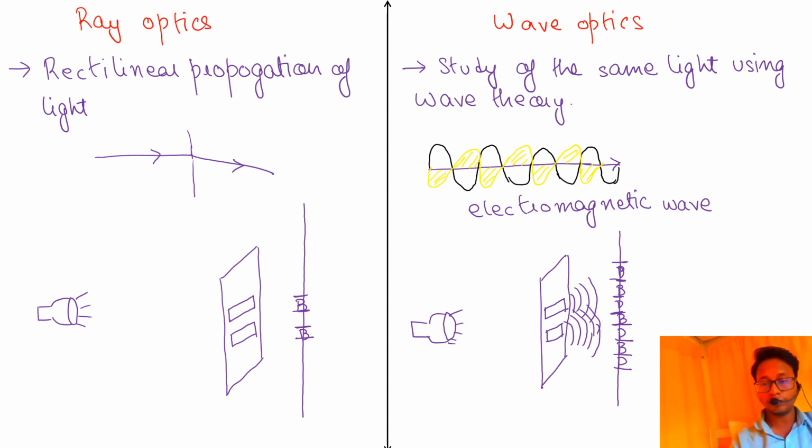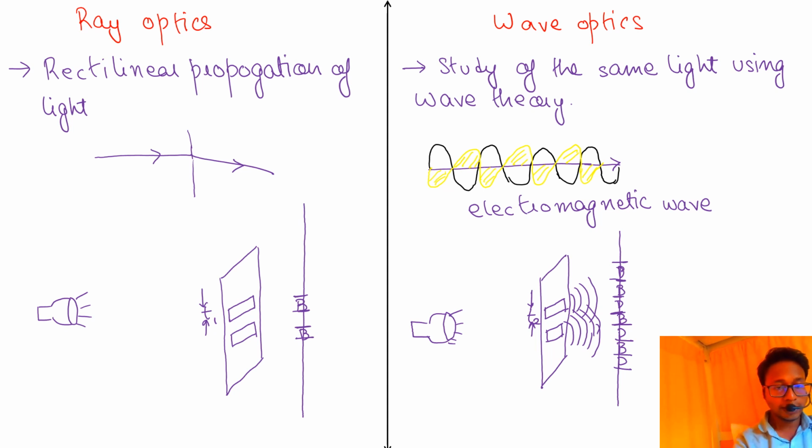Which one of these observations is correct? Actually both of these observations are correct. Our observation depends upon the thickness of the slit. The thickness out here is T1, the thickness of this one is T2.